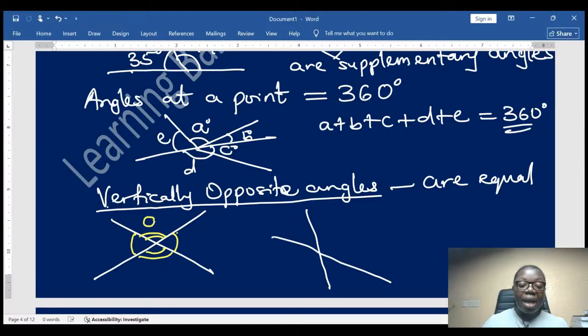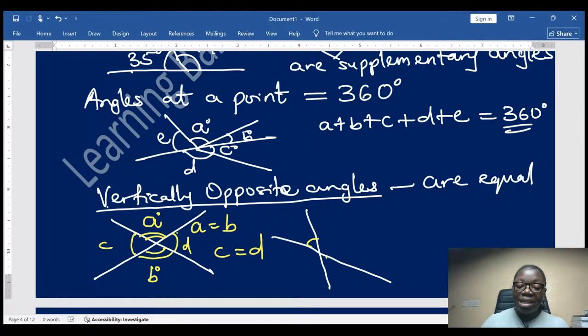If I have A above and B below, they are vertically opposite to each other. In an X diagram, the angles that are facing each other are equal. So A is equal to B. When we have C and D, C is equal to D because they are vertically opposite.